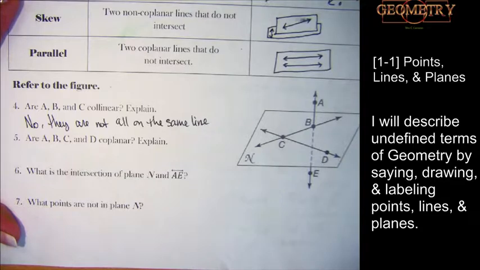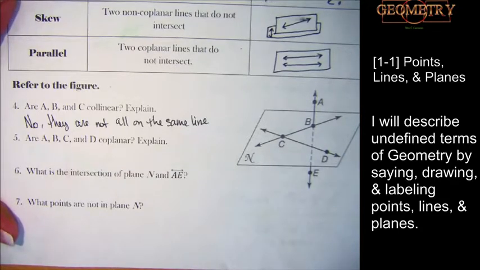Are A, B, C, and D coplanar? Are they on the same plane? Wait, what? A, B, C, and D, are they on the same plane? No. Good job, no. It's because, okay, here's our plane N. B, C, and D are sitting on it, right?